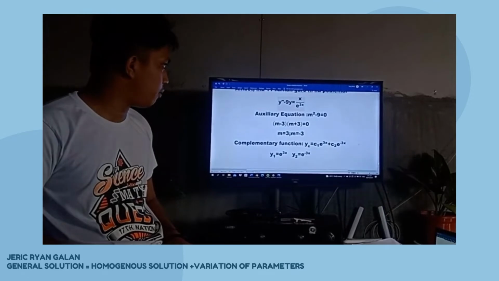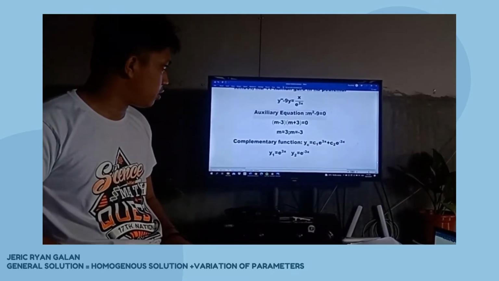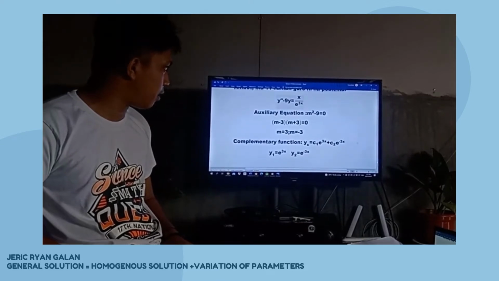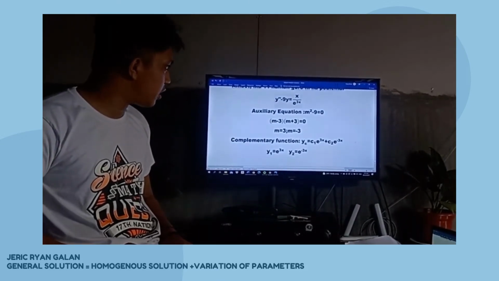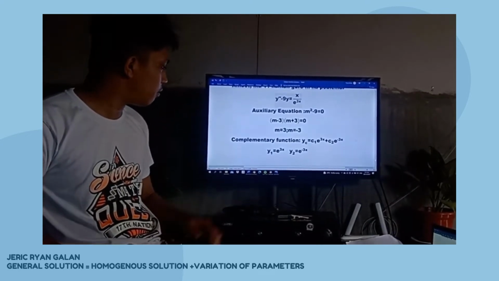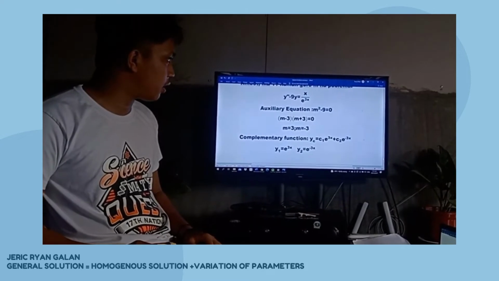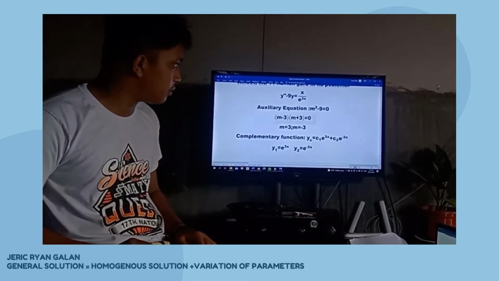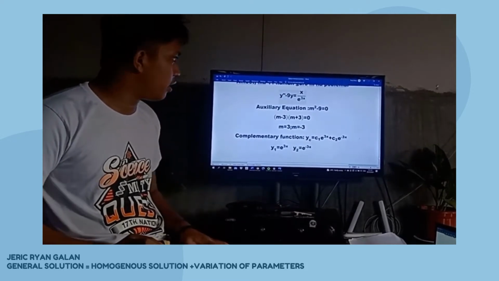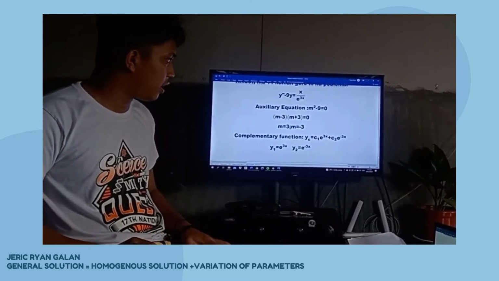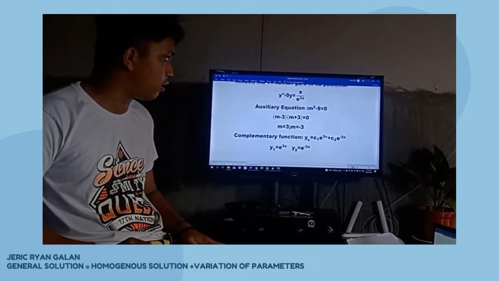So first in solving variation of parameters is the auxiliary equation. Change y into a constant or letter, just one, so m squared minus 9, and the x over e raised to 3x is the same as f of x, equal to 0.